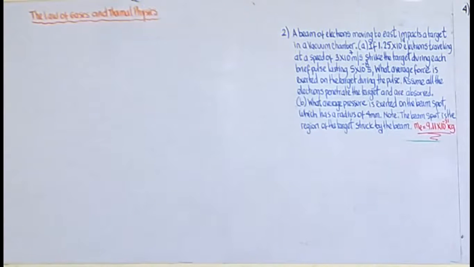On the beam spot, which has a radius of 4 millimeters. And the problem mentioned, we're supposed to have a note. The specific beam spot is the region the target struck by the beam. The struck, that means that there's not gonna be a rebound at the moment of the impact. So this is the meaning of that situation.